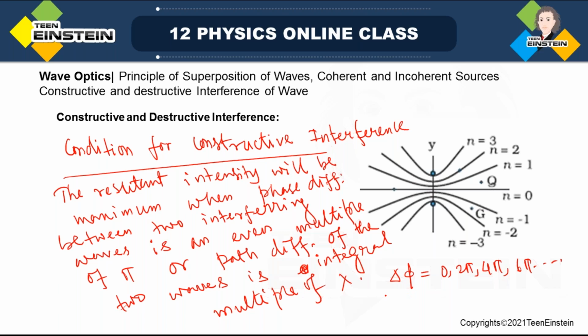Or the path difference delta has to be an integral multiple of lambda, n lambda, where n has to be 0, 1, 2, 3, anything. So integral multiple of lambda.